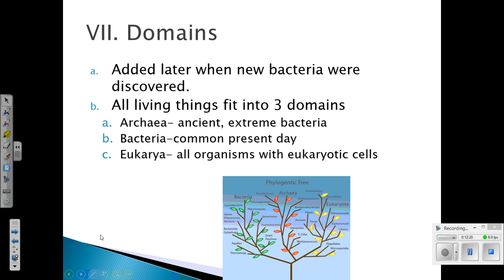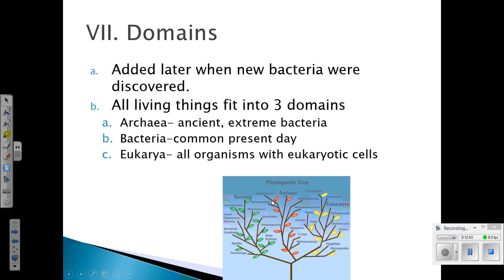Okay, and then one other category that has been added is called the domain, and basically that's taking all different types of cells and putting them into 3 categories. So the archaea are actually ancient bacteria, and we did not know about these ancient bacteria until very recently, about how extreme they can be.